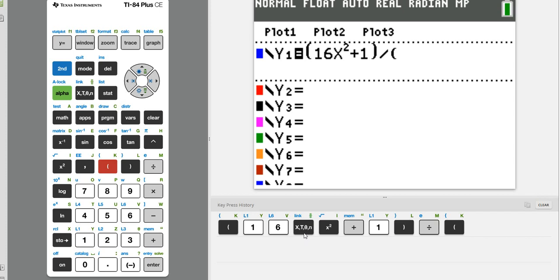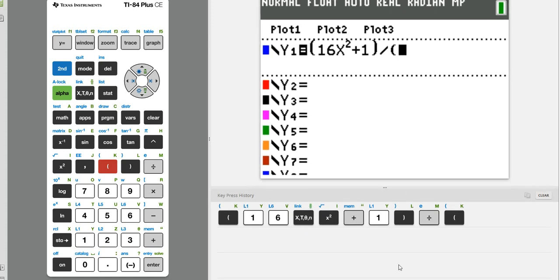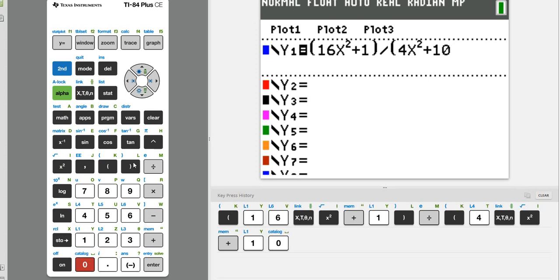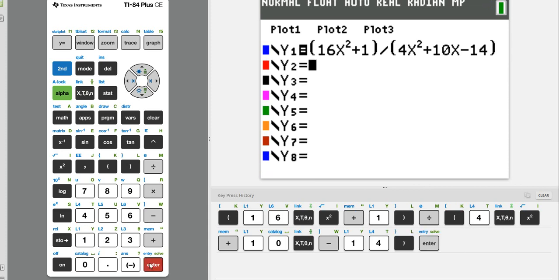If you fall behind my work here, you can use the keys on the bottom of our calculator to see where things are at. Divided by 4x squared plus 10x minus 14. So that's one way you can input things.